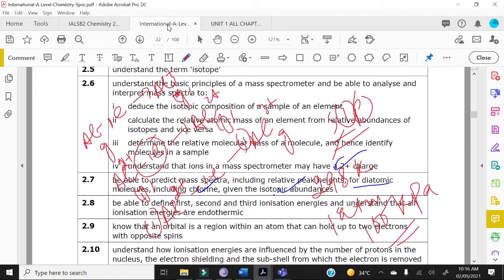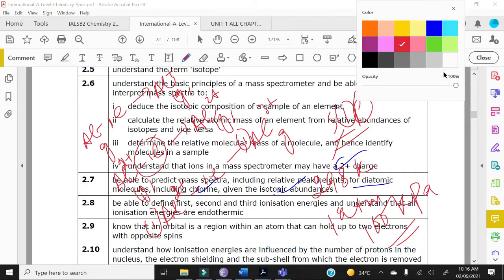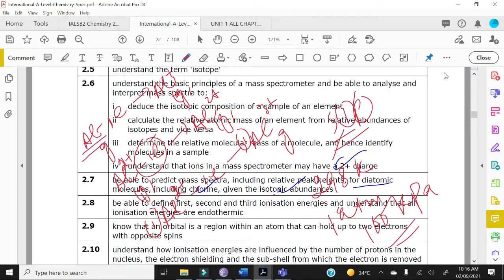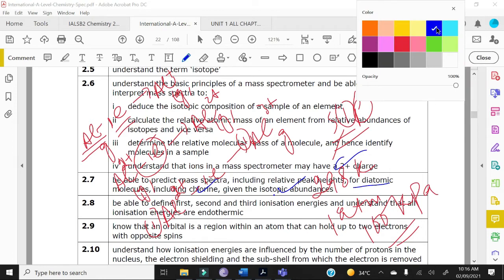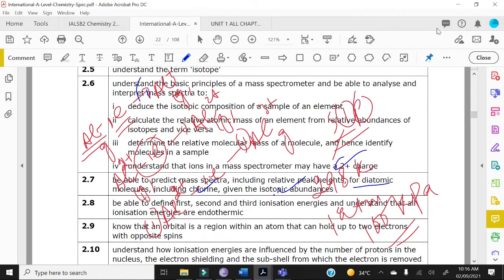Okay. So moving a little bit forward now, the definition of ionization energy is the enthalpy change when 1 mole of a gaseous atom releases 1 mole of electrons making 1 mole of gaseous cation.